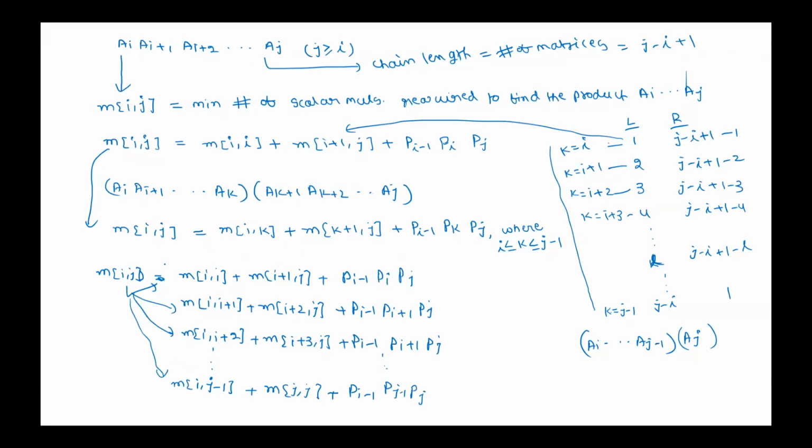So what is Mij actually? It is the minimum of all these values. Can you say it is the minimum of all these values? Is it the minimum of all these values?